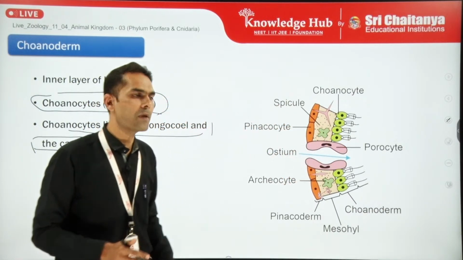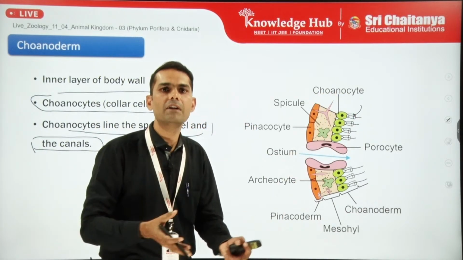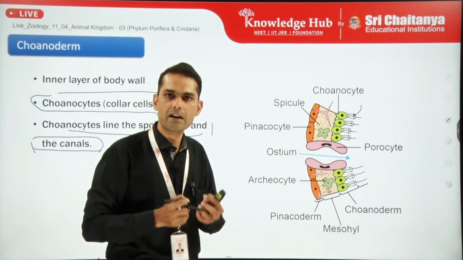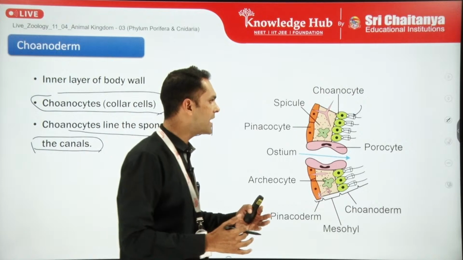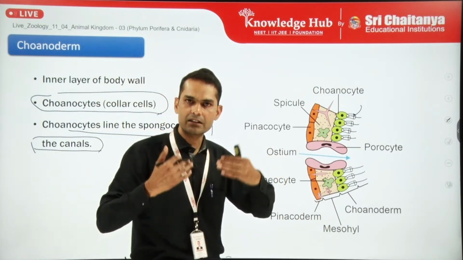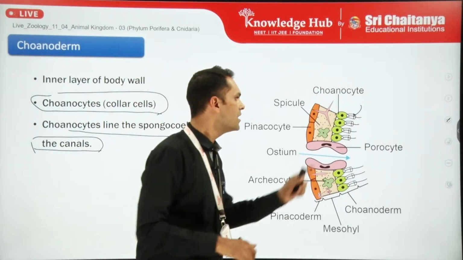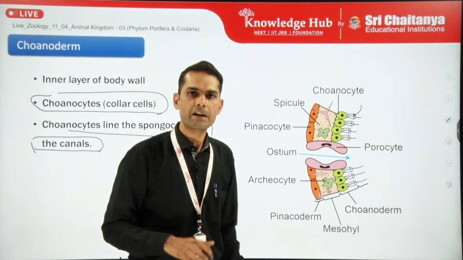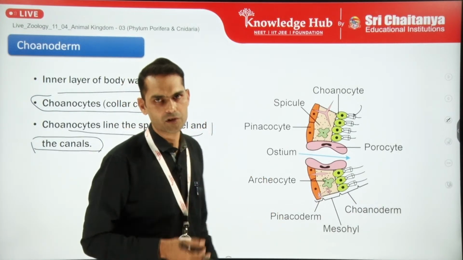That means food particles will come into contact with the choanocytes, and the choanocyte will ingest the food particle intracellularly. The digestion will happen intracellularly, and in this way each and every cell takes its own food material and behaves independently, right? So what is the role of the flagella? We will see its prominent role in the water canal system shortly.